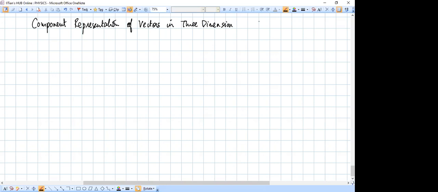Okay, next thing, you look at component representation of vectors in three-dimensional system. Yes, yes, all that will come. Parallelogram law, component algebra, all this will come.